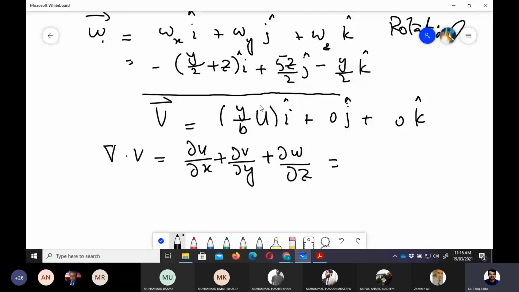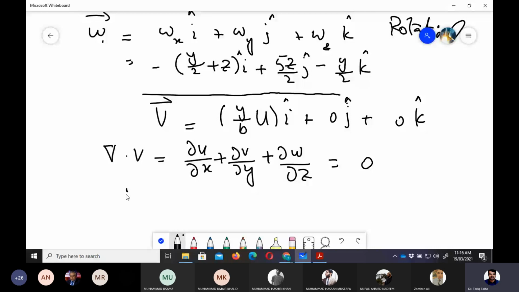This was the first part, which was quite easy. And then the second part is the rotation vector. In this, the rotation vector would be only about the z direction, because x and y components would be equal to 0.